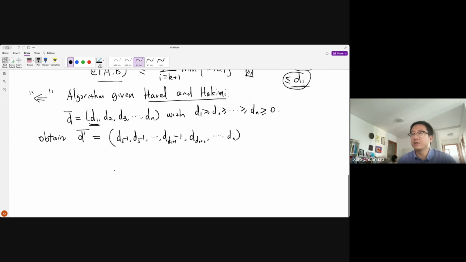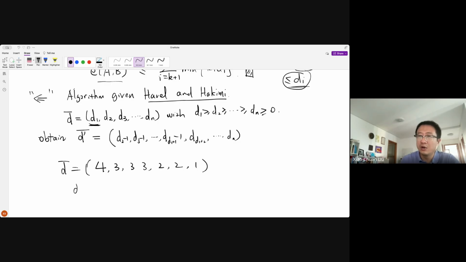So what we do is a little mysterious, but what's happening? For example, we have 4, 3, 3, 3, let's write several threes, 2, 2, 1. So this is D. I don't know if it satisfies our condition, it doesn't matter at this point. To obtain D prime, first of all I delete 4.